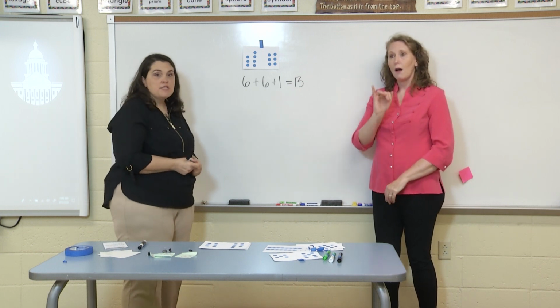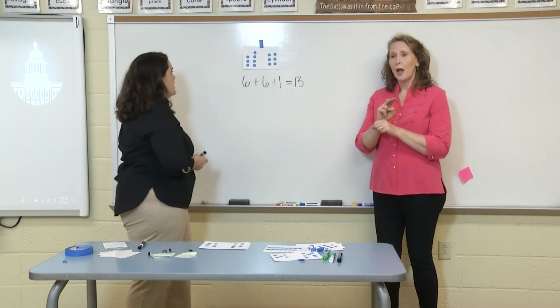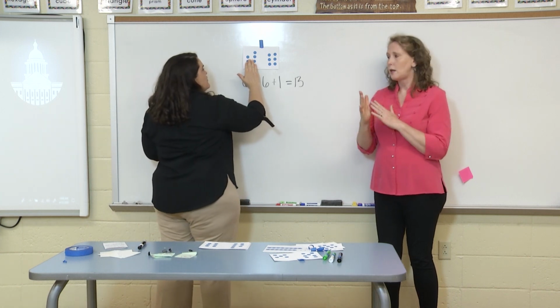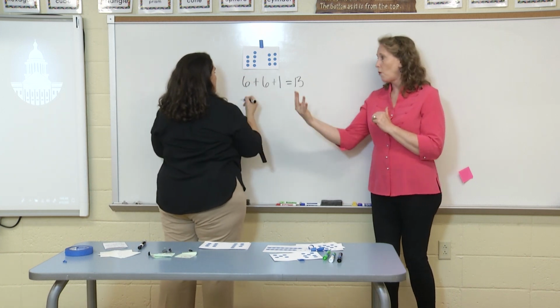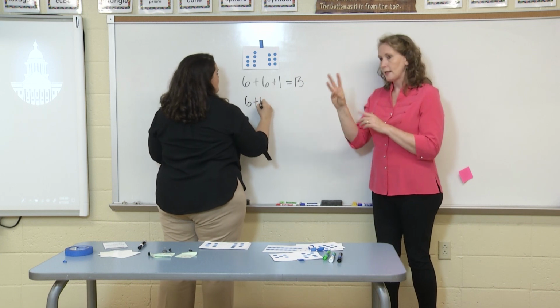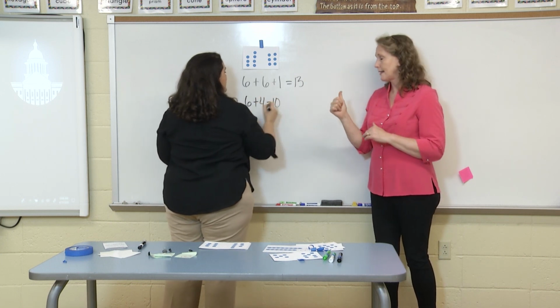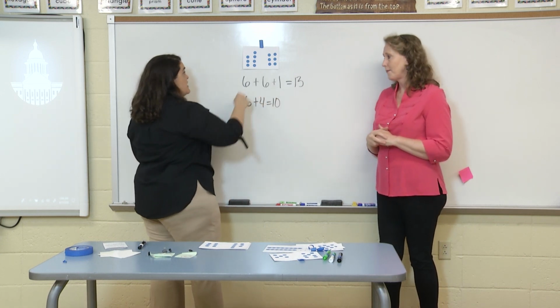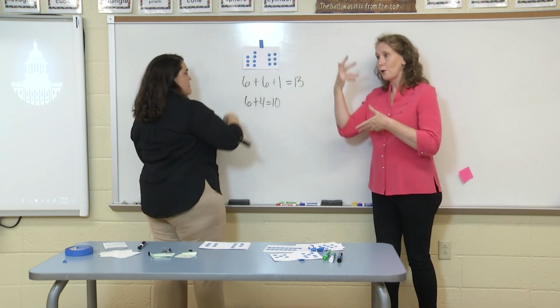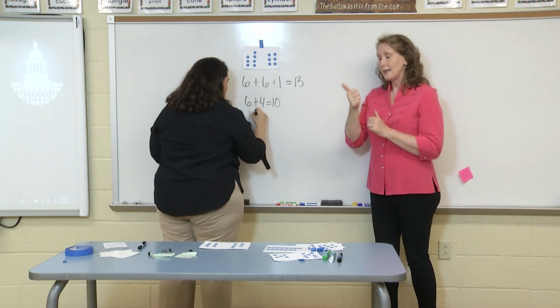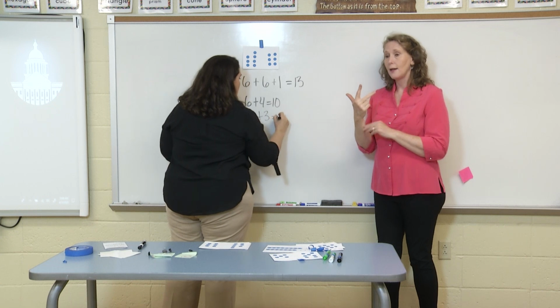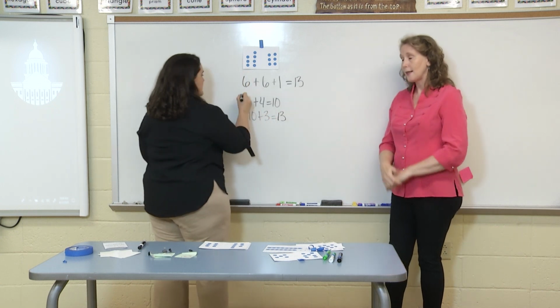Oh, you could use the make a 10 strategy. In your mind's eye, you could move these 4 over here and know that 6 and 4 are 10. And then you only have these 3 left to think about. So 10 and 3 more are 13.